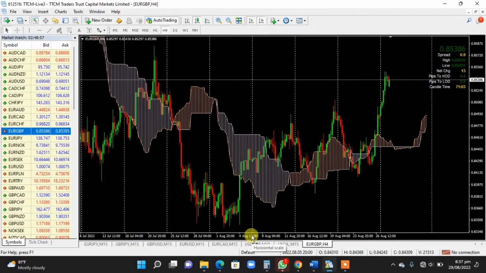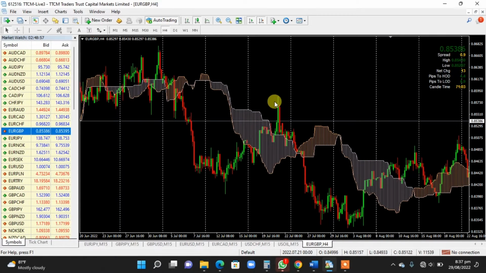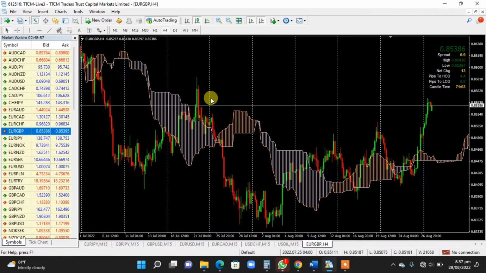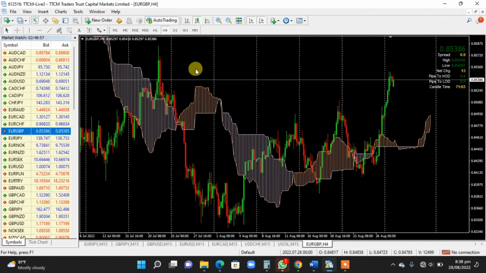Guys, we are in the chart now. This is just the Kumo, and I'm using the 4-hour time frame. That's where our studies are going to be focused. The time frame of choice is 4 hours, so keep to the 4 hours, please. There's a lot of research behind why I am on the 4-hour time frame.